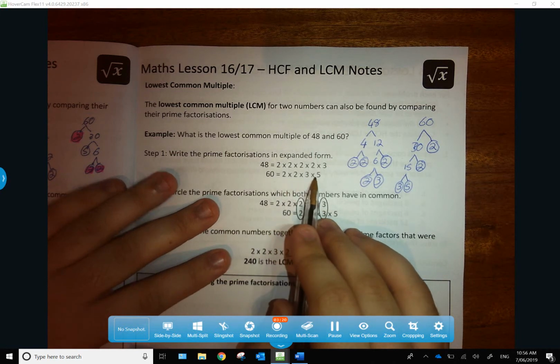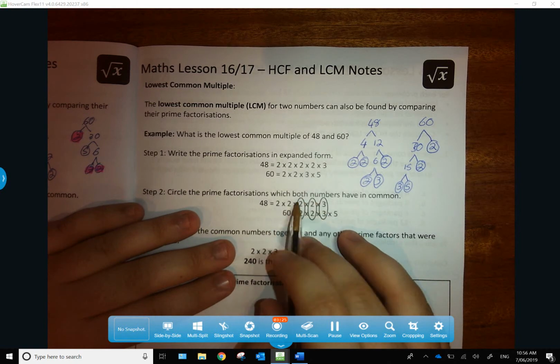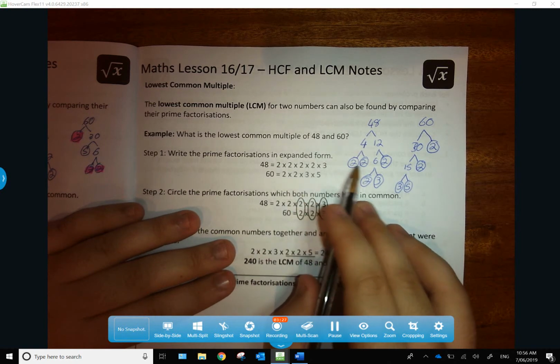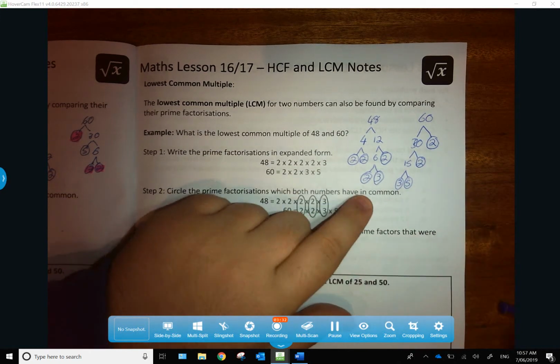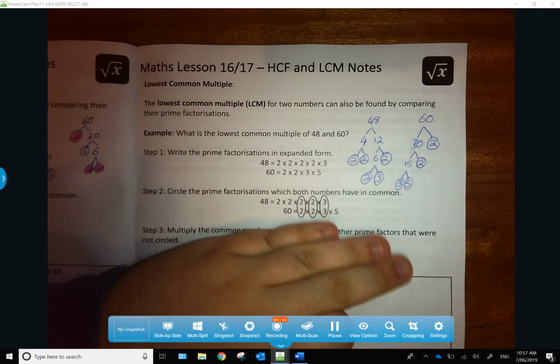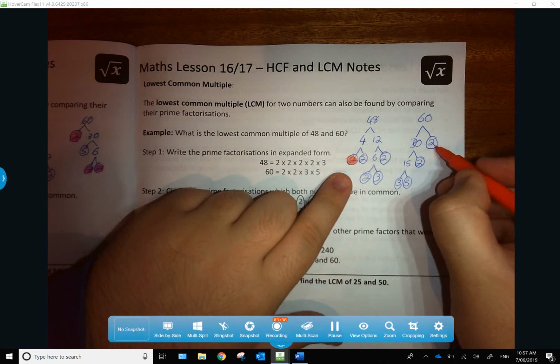Okay. Now, when we find the lowest common multiple, once again, we are going to highlight the pairs of numbers that are the same in both of our trees. So let's go ahead and do that. I see there's a 2 in this tree, and there's also a 2 in that tree.